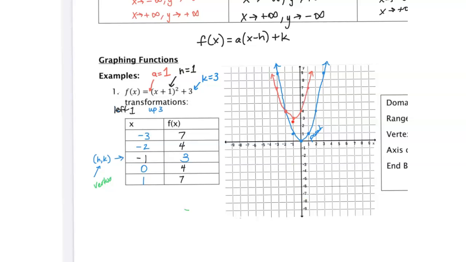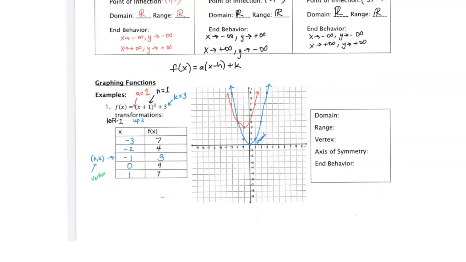All right, so we have our newest equation. Notice that we've taken the parent function and it's been shifted to the left by 1 and then up by 3 as far as where the vertex is. Okay, and then this is that new parabola. When you're doing these problems, it's not necessary for you to actually graph the parent function, but for the purpose of these notes, I want to show you the differences between the parent function and then its newest function that has been created.